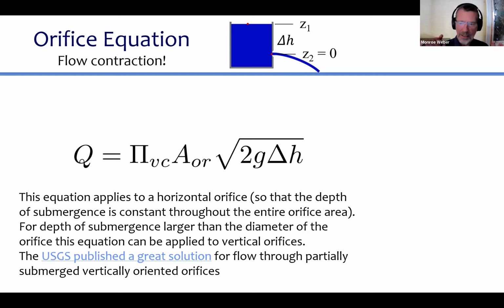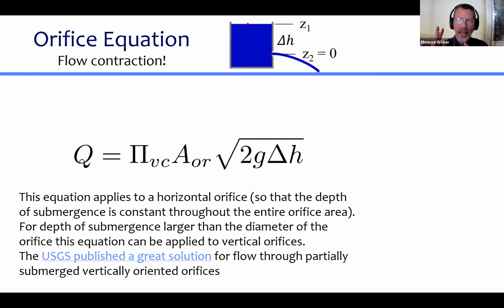This equation would most easily apply to an orifice that's in a horizontal plane with the tank above it, so that the depth of submergence is constant over the entire orifice. If it's in the vertical plane, then for depth of submergence larger than the diameter of the orifice, that equation works too.